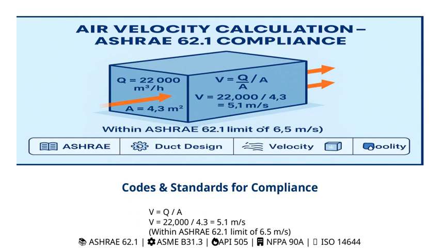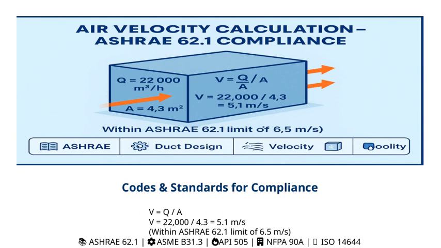Now, these standards, such as ASHRAE 62.1, ASME B31.3, API 505, NFPA 90A, and ISO 14644, each play a critical role in different aspects of our design and safety protocols.